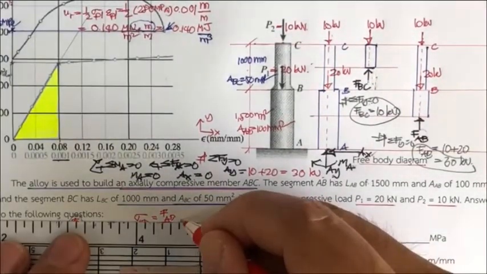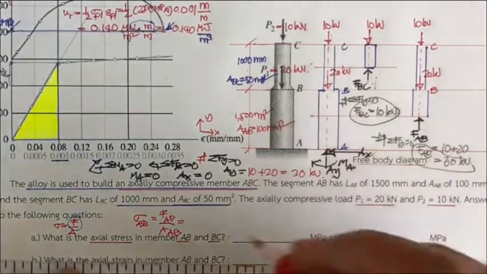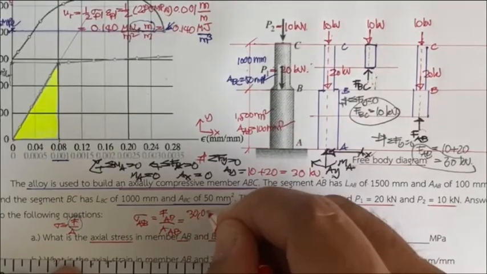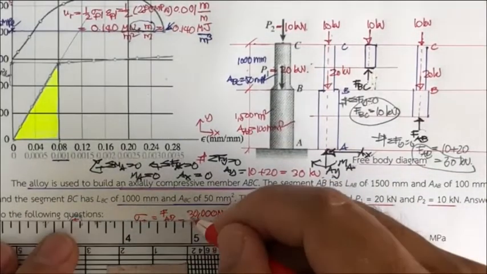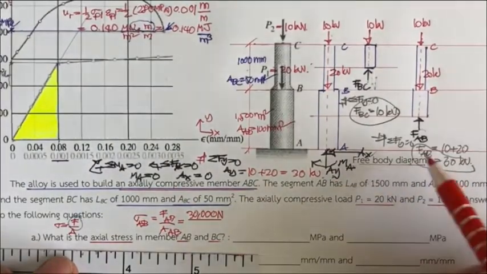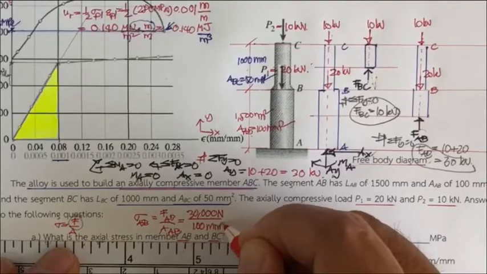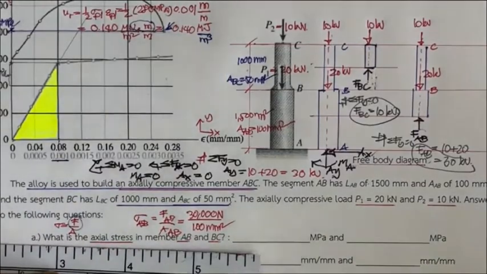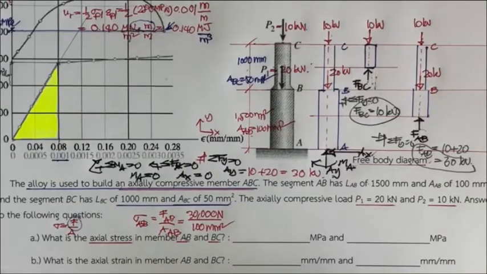And F sub AB is 30 kilonewton, so it's going to be 30,000 Newton, and then divided by the area of 100 square millimeter.